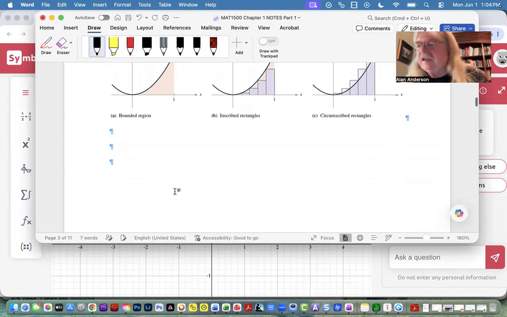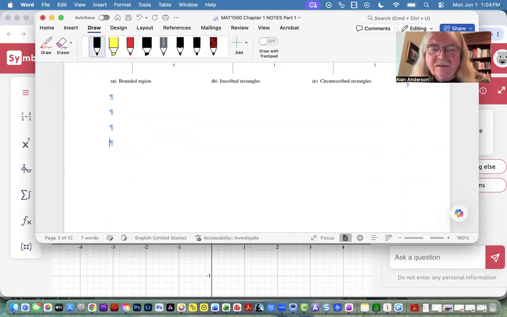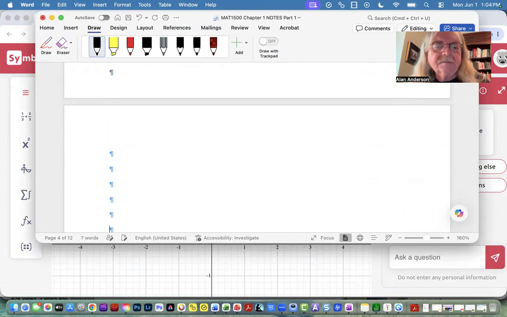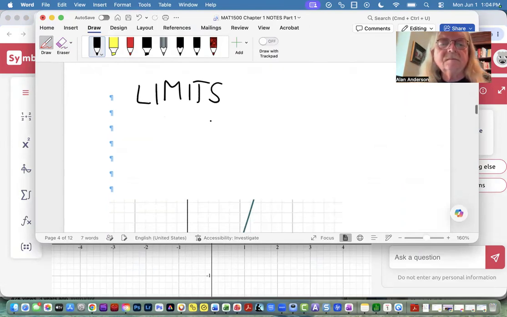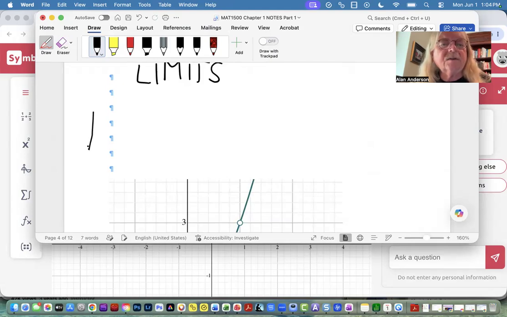All right, so first, actually, let me make a note here. We are now starting our discussion of limits. So we'll start with this function.